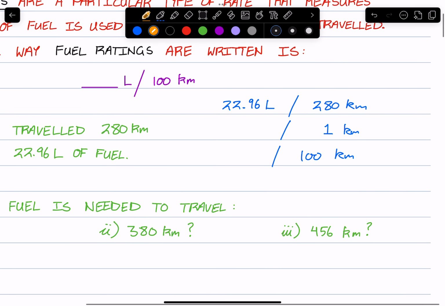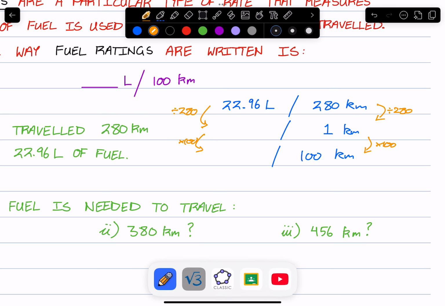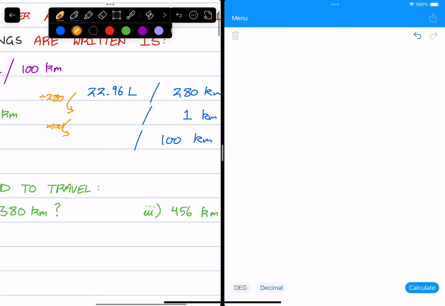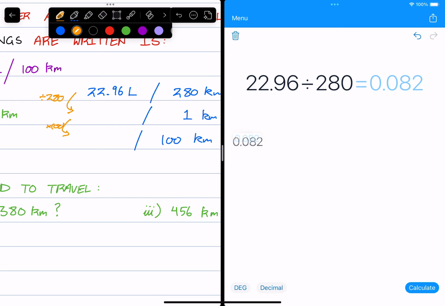So from 280 to get to 1, we divide by 280, and then we multiply by 100. We do the exact same thing to the liters on the other side of the rate, so 22.96 divide 280 times 100.